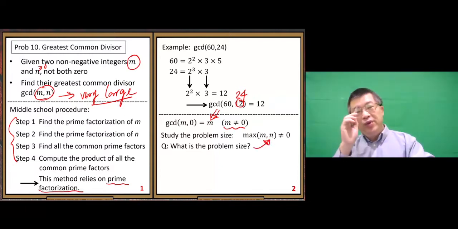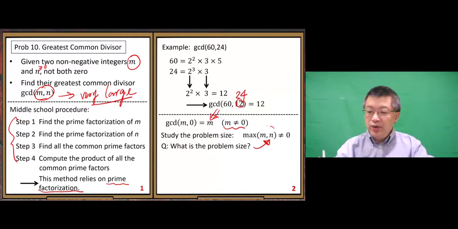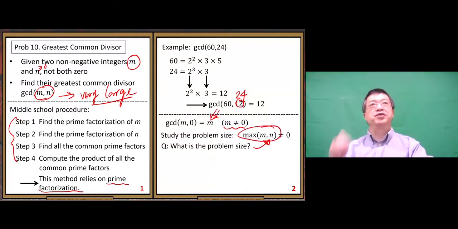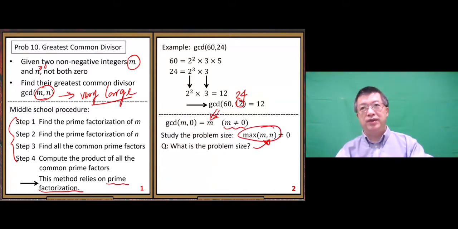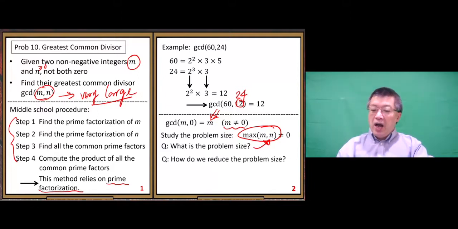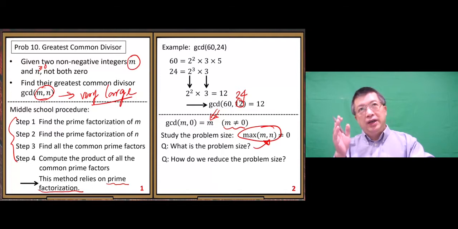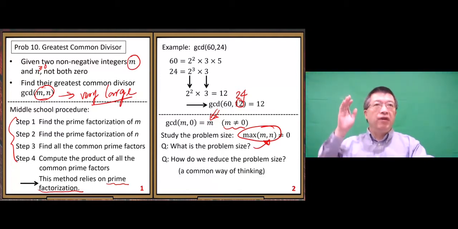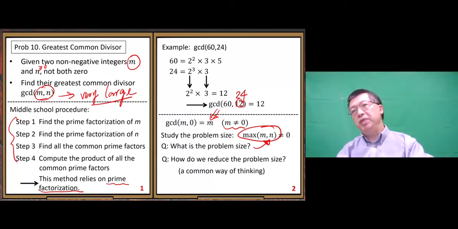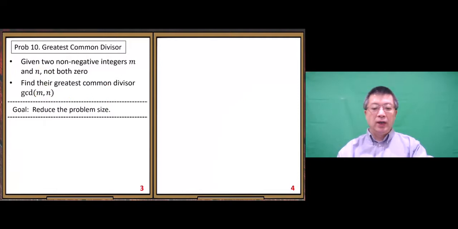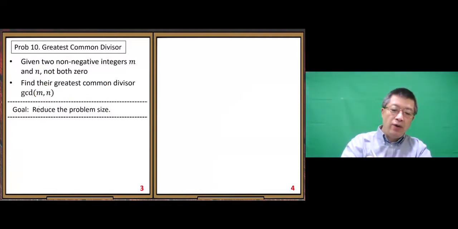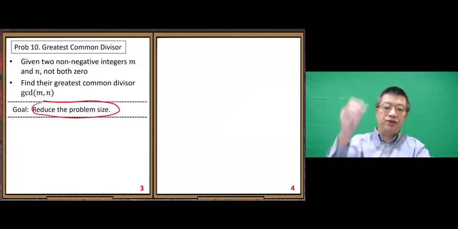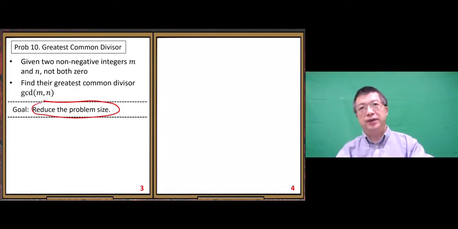When we reduce the problem size, we reduce this expression. How do we reduce the problem size? That's the main idea for this part 8.4. So we will see it. Now, our goal, reduce the problem size for this part.